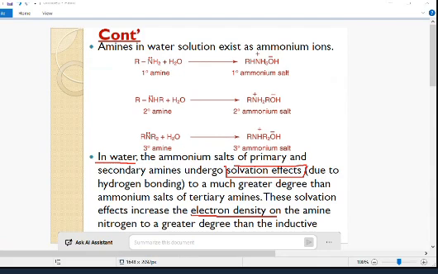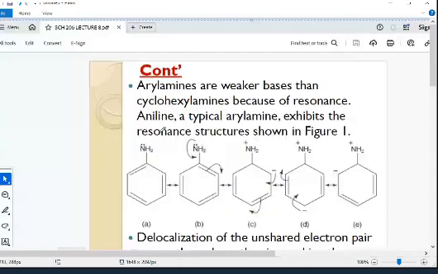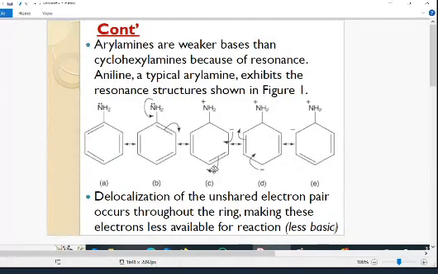Apart from that, there is the aspect of resonance that makes those electrons unavailable. The resonance makes the electrons unavailable, and therefore it reduces the electron density, and therefore the basic properties of that particular molecule.